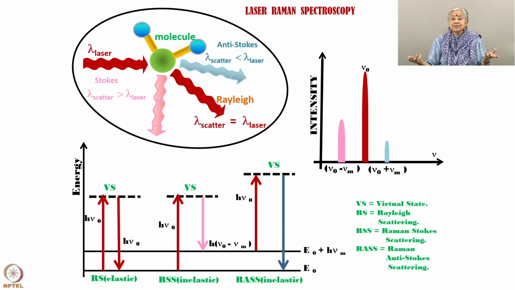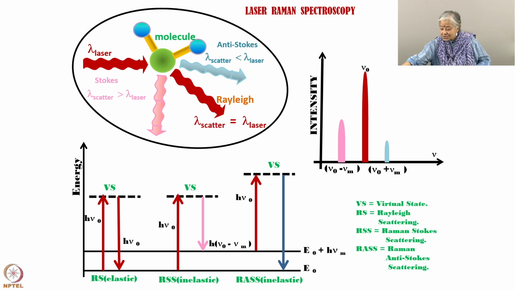The laser intensity is only so much, most of it of course went into this Rayleigh scattering, but then you were able to detect these two very easily with the laser. This intensity went up, so did this intensity, so did this intensity, and as these two intensities went up, you were able to detect them much more easily. So, use of lasers for Raman scattering became like a turning point for this technique of Raman scattering.